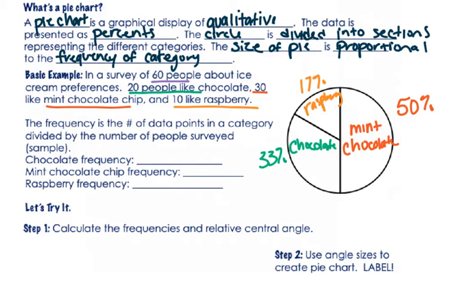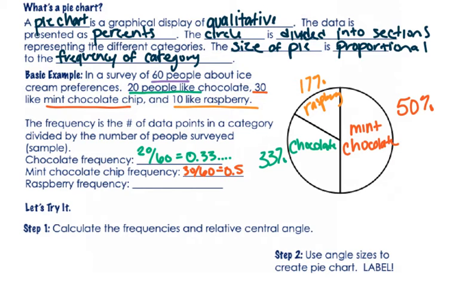Okay, so here's how I got this, if that didn't make sense. Alright, so chocolate frequency. 20 out of 60. If you put that in your calculator, you get 0.33 repeating. If I change that to a percentage, it's 33%. The next one was mint chocolate. 30 out of 60, which is 0.5.